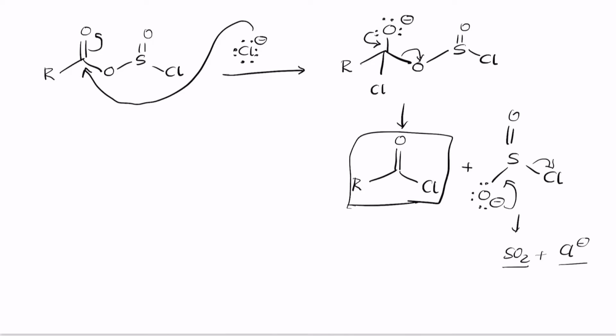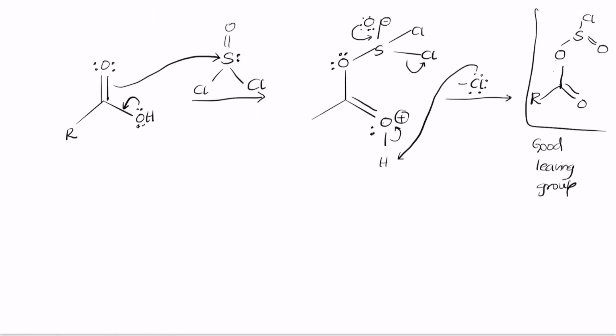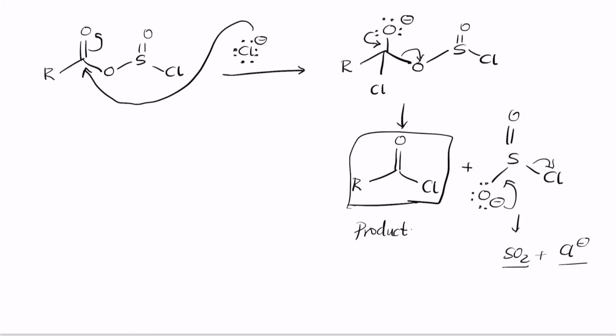Notice that this is the product that we need, the product that has to form. Again, the mechanism involves, first, converting OH into a good leaving group, and second, nucleophilic attack.